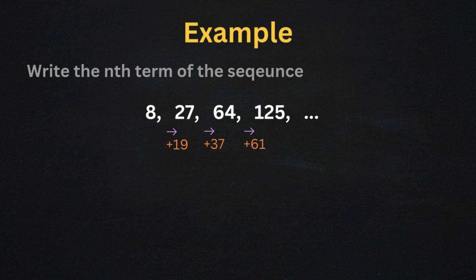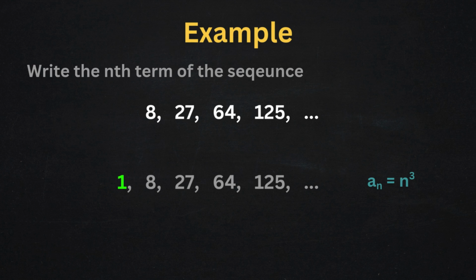Okay, they are cube numbers, but they are not the original cube numbers as they are not starting from 1. Original cube numbers would have been 1, 8, 27, 64, and its nth term would have been n cubed. But since the sequence is shifted by 1 term, we will replace n by n plus 1, and the answer to the nth term will be (n plus 1) whole cubed.